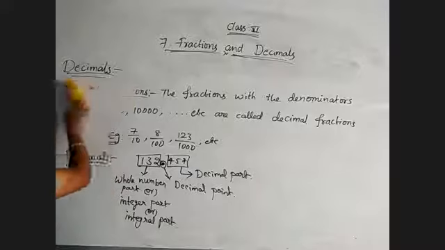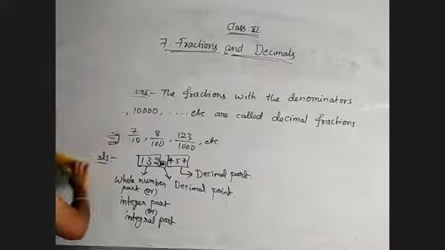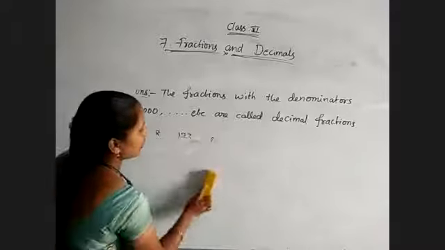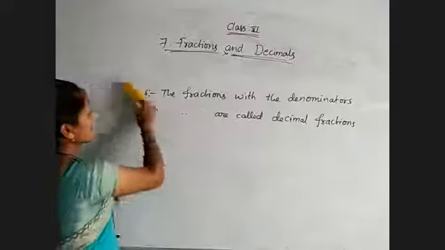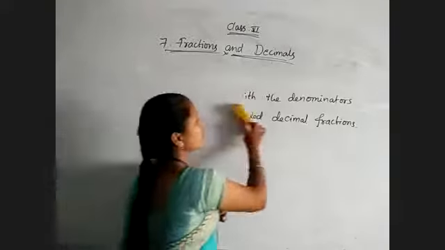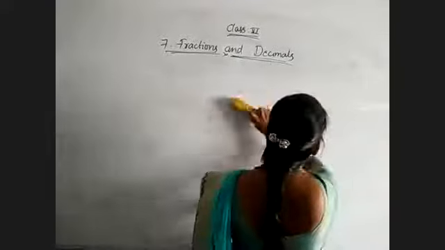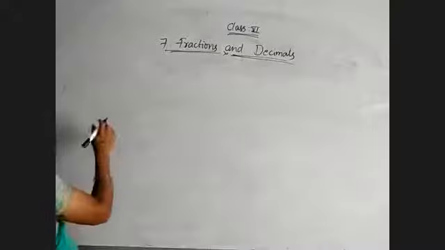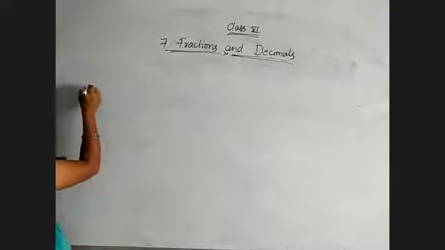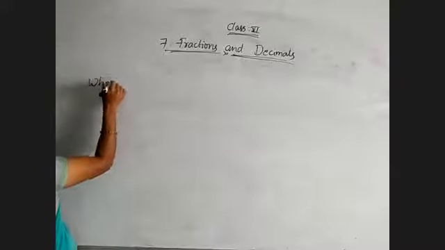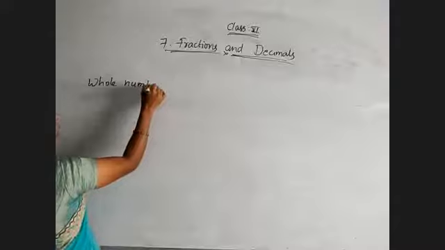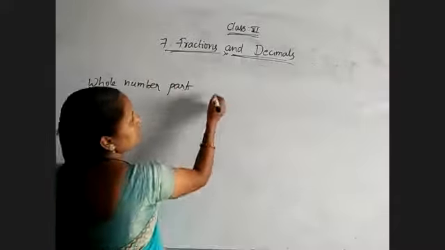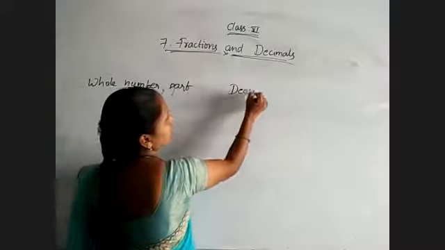Next, decimal place value chart. It is very clear that in a decimal number, two parts are there, that is the whole number part or integer part or integral part, and the decimal part.